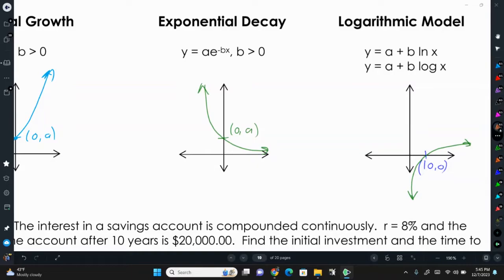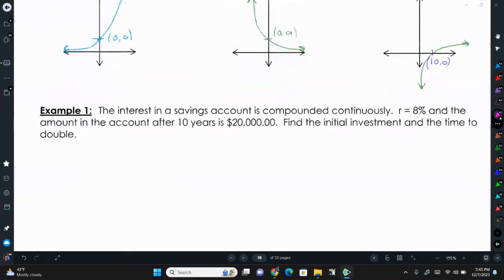So when we do these problems today, some of them will be exponential functions, some of them will be logarithmic functions. Now, we already did example number 1 in the notes from 3.4 part 1, so we're not going to spend any more time on that.